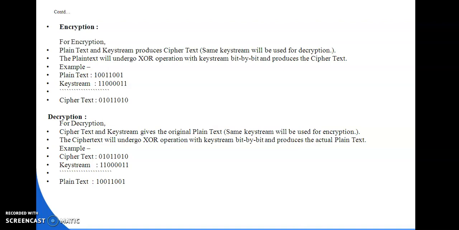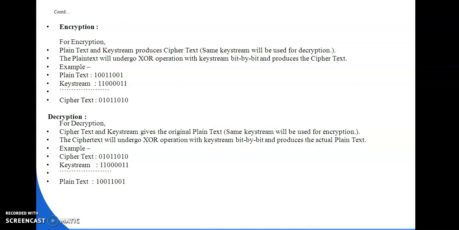In XOR operation, what will happen? Equal bits give 0, and different bits give 1. Applying it bit by bit, we get the result, and that is the ciphertext.